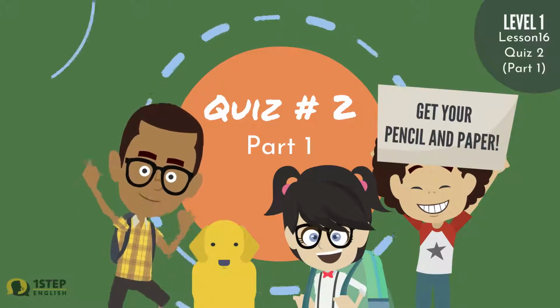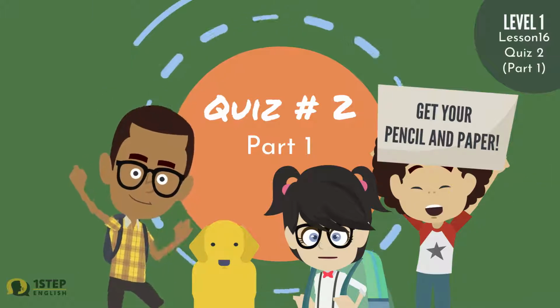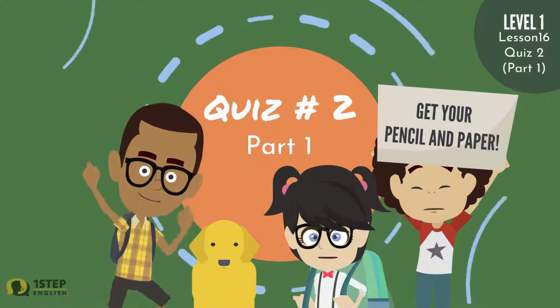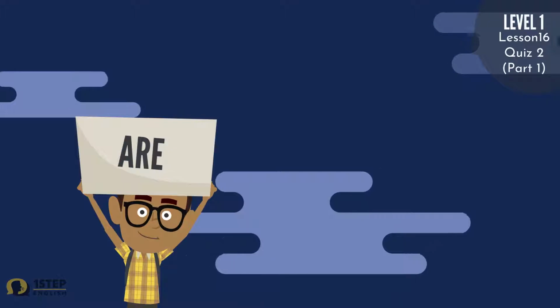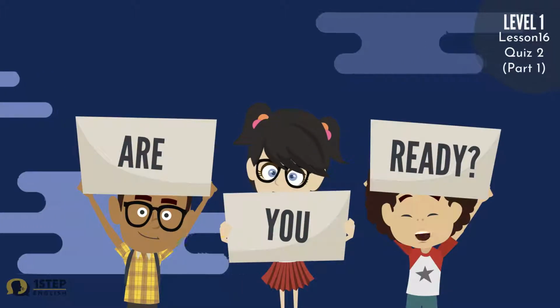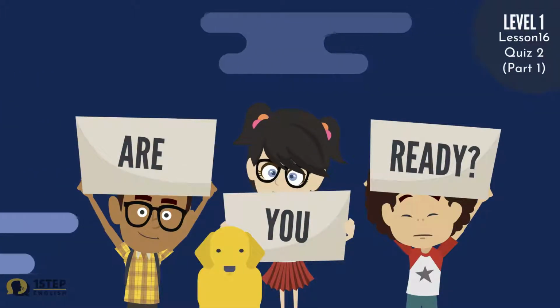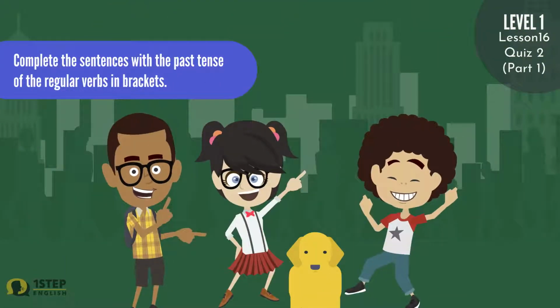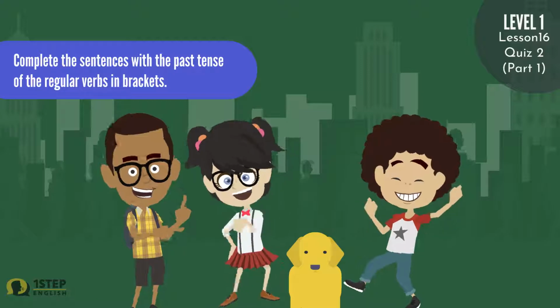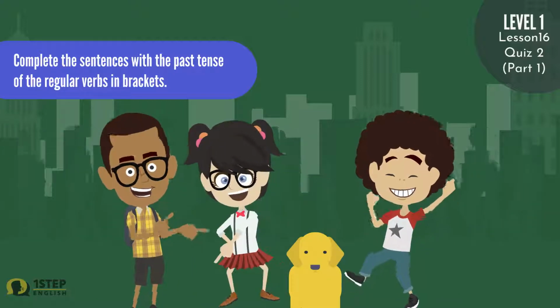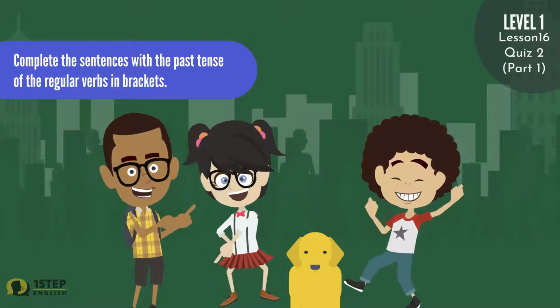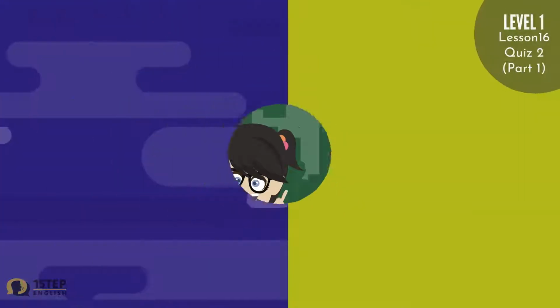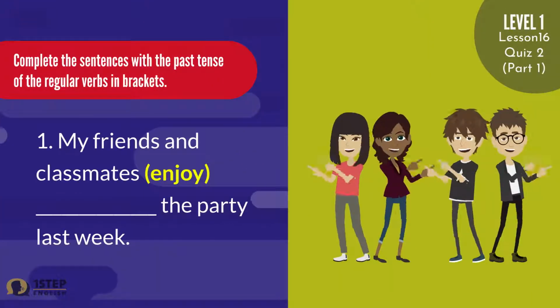Quiz number 2. Part 1. Ready your pencil and paper. Are you ready? Complete the sentences with the past tense of the regular verbs in brackets. Number 1.